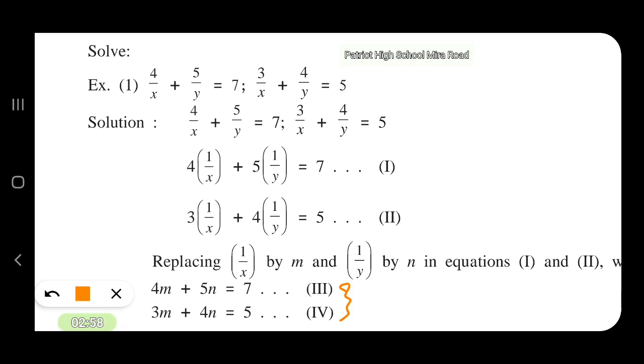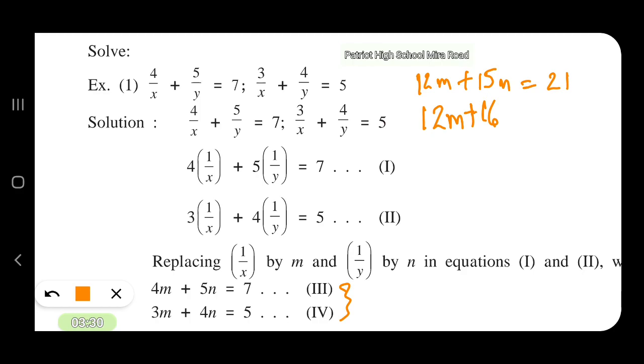Multiplying equation 3 by 3, we get 12m plus 15n is equal to 21. Multiplying equation 3 by 3, and equation 4 by 4, so that we get the same coefficient in m, so that we can eliminate.